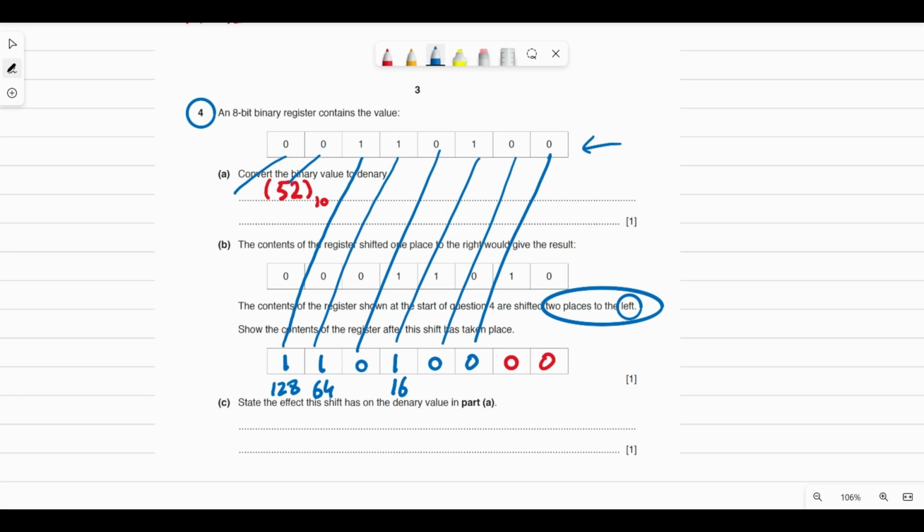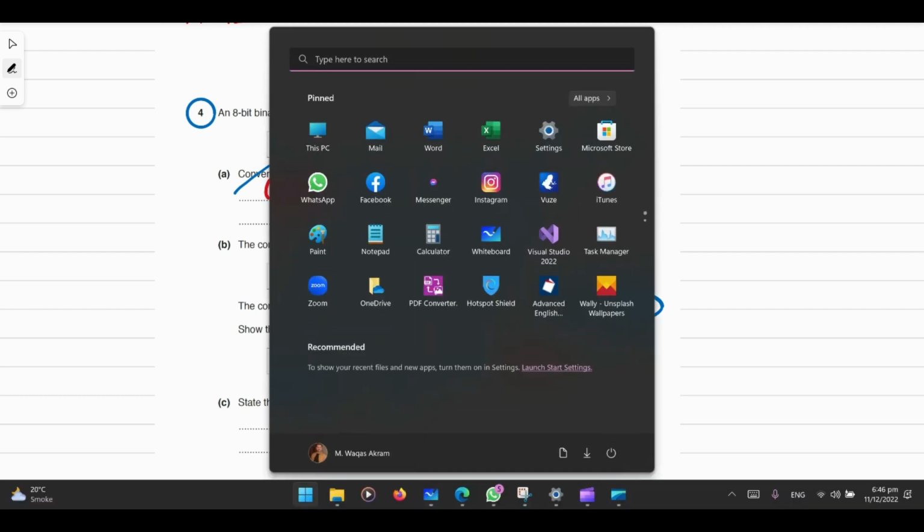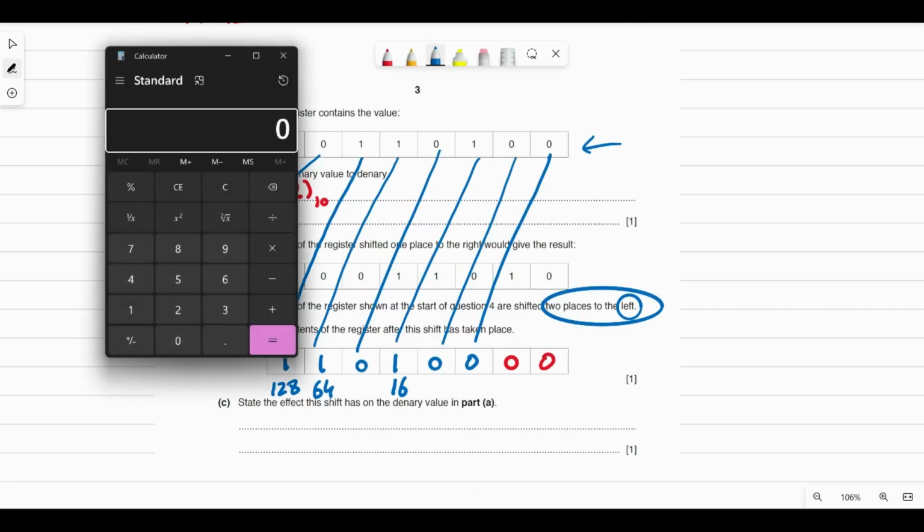Let us confirm it from the calculator. 64 plus 32 is 96.